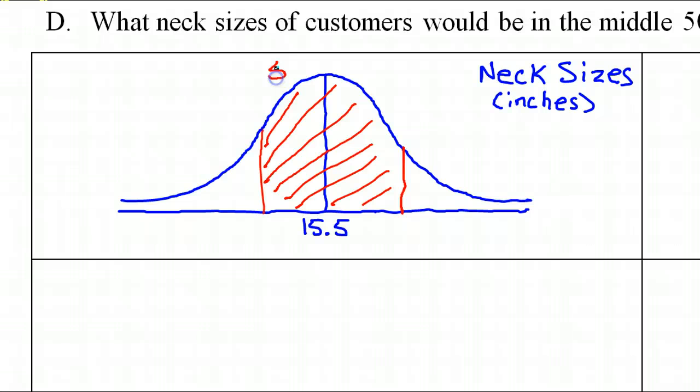So we have to find the right neck sizes, which I will call x1 and x2. We need to find those neck sizes that would make this interval represent 50% of the men.